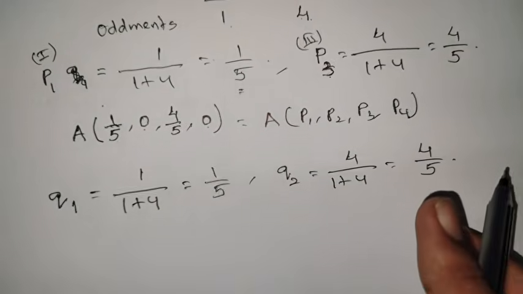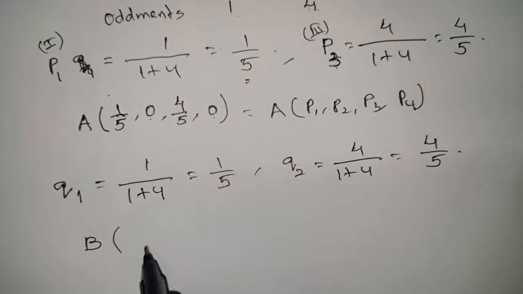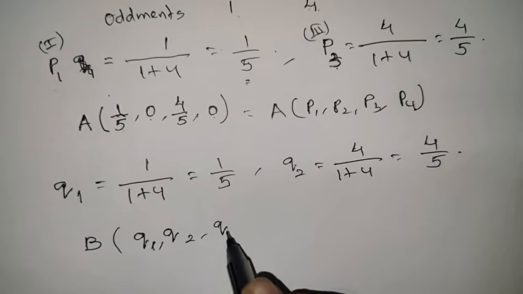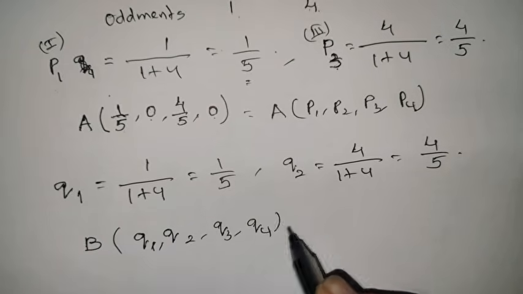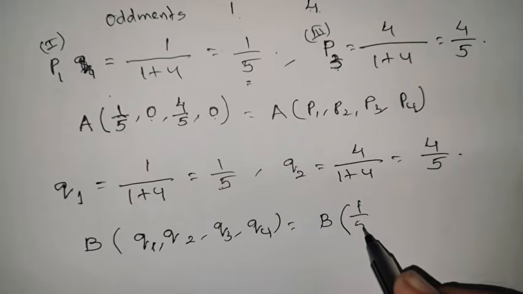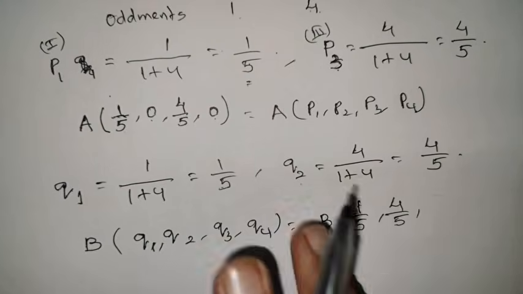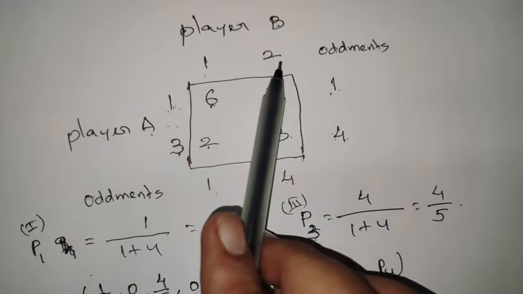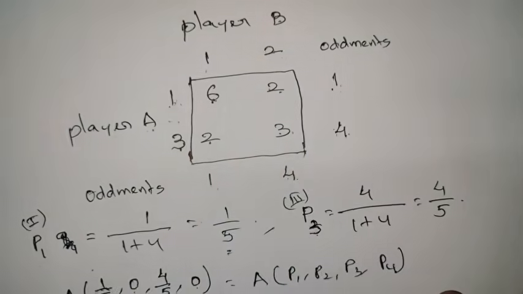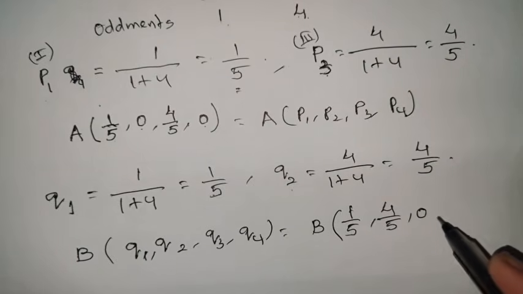So if you write it in a consolidated way, the probabilities of selecting the strategies by player B are Q1, Q2, Q3, Q4: first strategy probability 1 by 5, second strategy probability 4 by 5. As the third and fourth strategies are eliminated, the probabilities of selecting them are 0, 0.